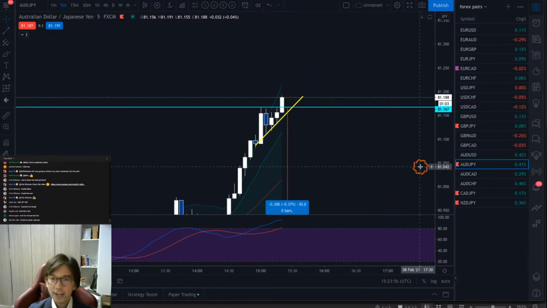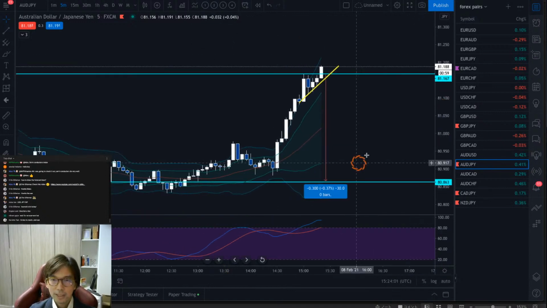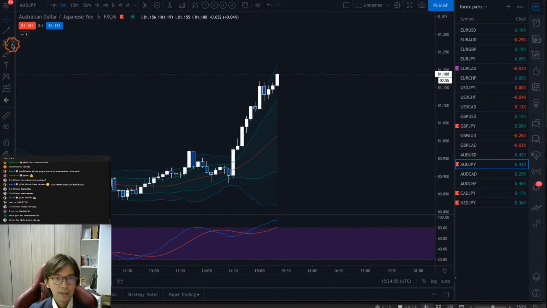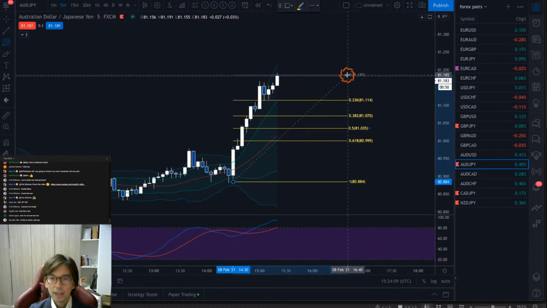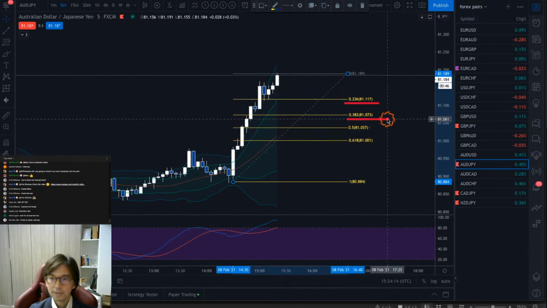If you want to wait for a retracement, that will be one of the Fibonacci lines. So you can also draw Fibonacci lines right now, like this way, and you can wait for the bounce on one of these levels.